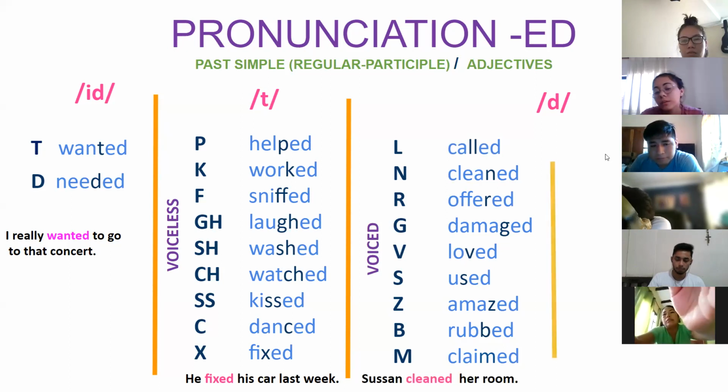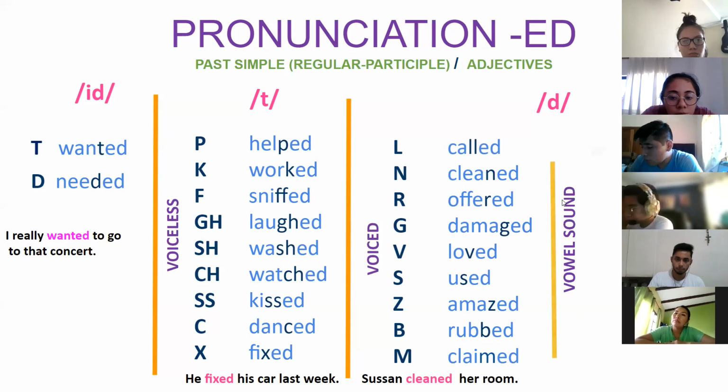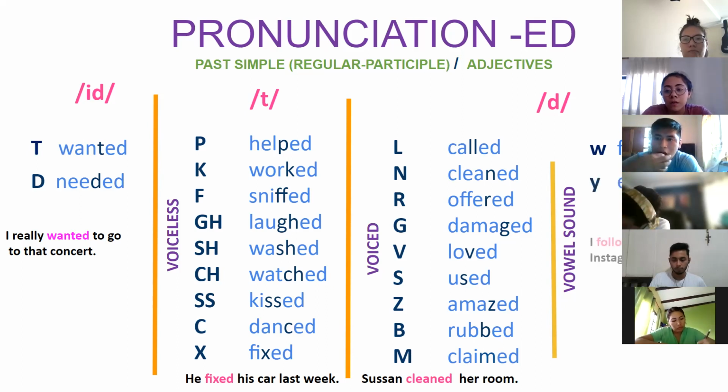Y también en este grupo de palabras tenemos vowel sounds. ¿Ok? Cuando tenemos un sonido de vocal antes de la ed, sonido, no siempre una vocal, sino un sonido de vocal, también termina como D. Por ejemplo, acá la palabra follow termina como si fuera O, ¿cierto?